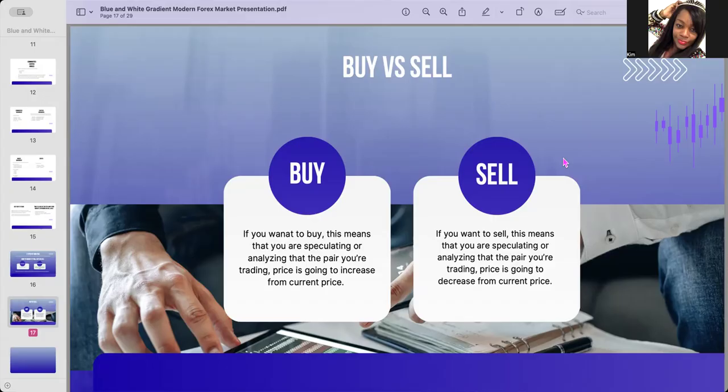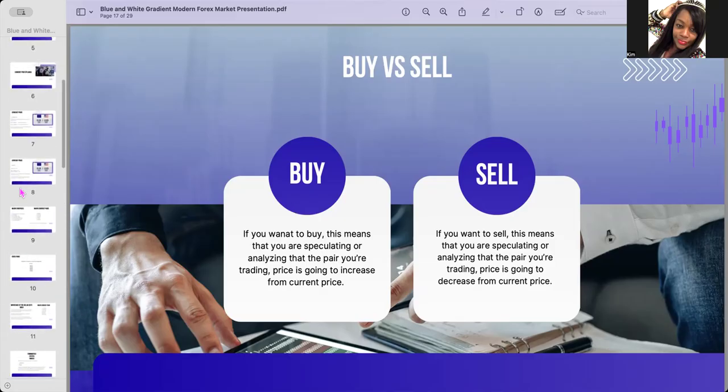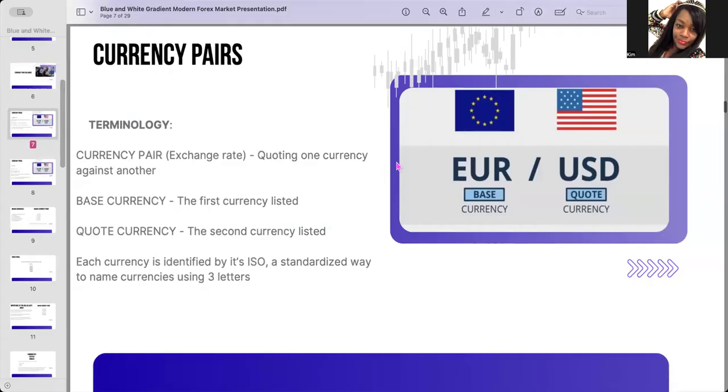So that's selling, or if price is going bearish, you're going to be selling. And if you remember me saying, if the dollar is going to be selling, that means Euro USD should be buying.